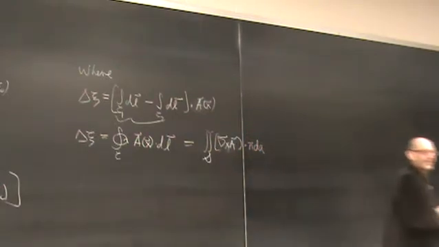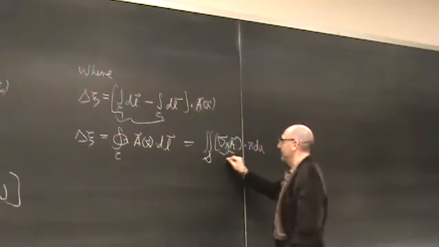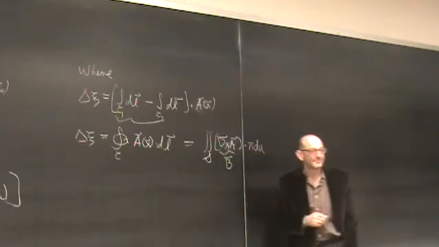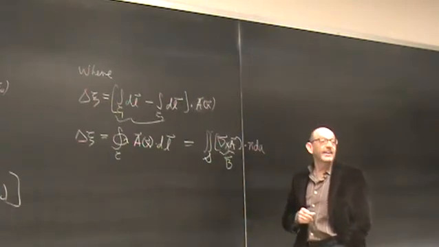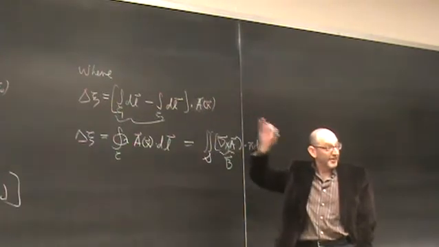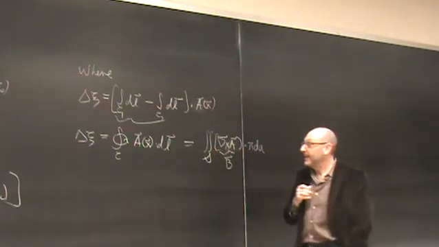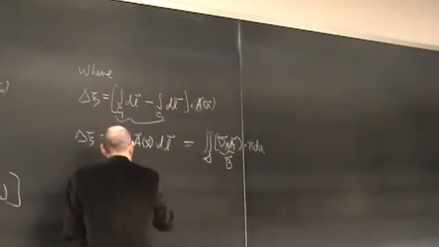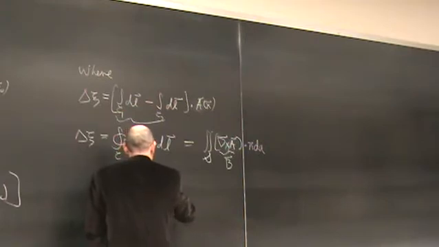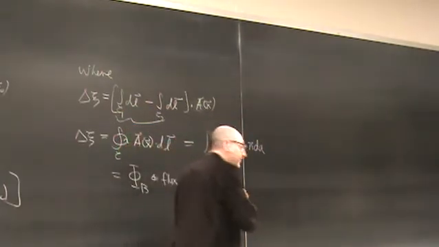That's Stokes' theorem, right? And this, of course, is B inside the surface bounded by that contour. And this is just the flux of the magnetic field through that surface bounded by those contours.